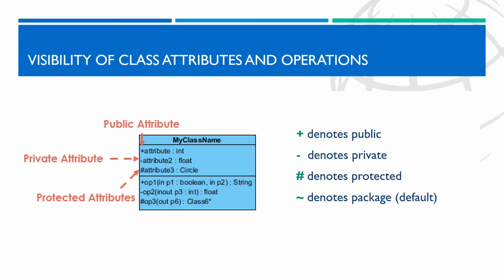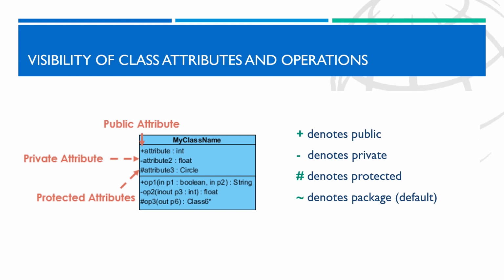We use the plus symbol to denote that an attribute or an operation is public. We use the minus symbol to denote private attributes or operations, we use the pound symbol to denote protected attributes or operations, and we use the tilde symbol to denote package or default attributes or operations.